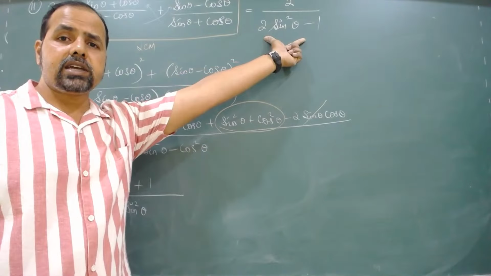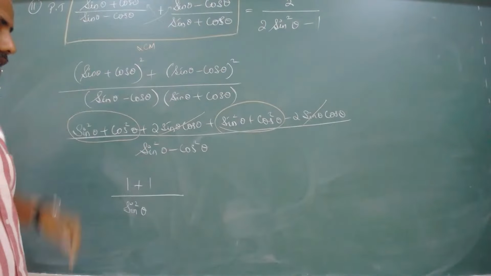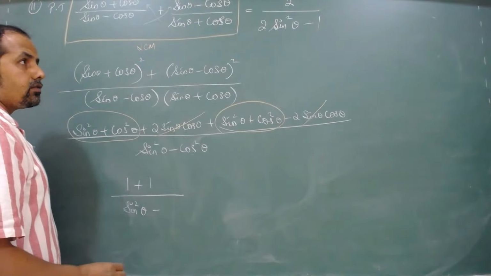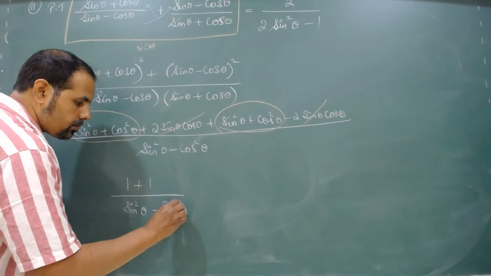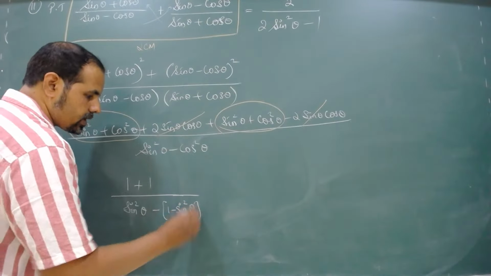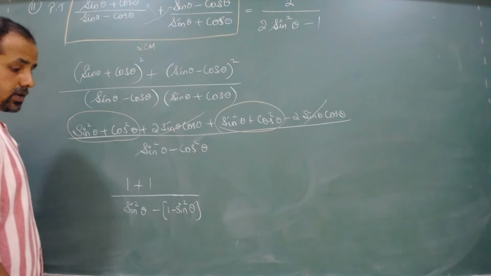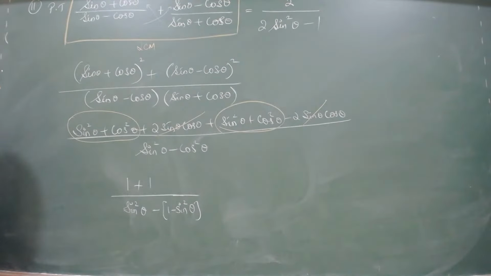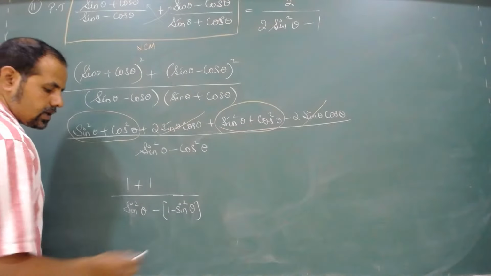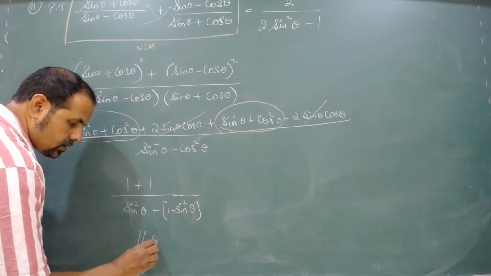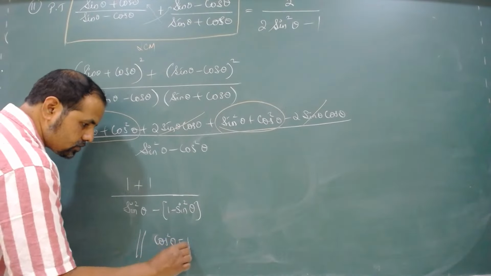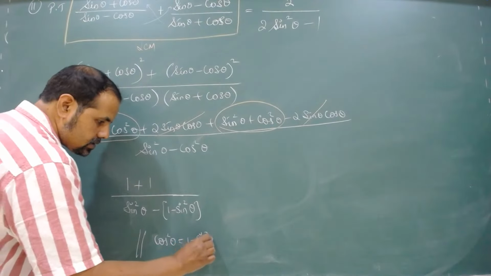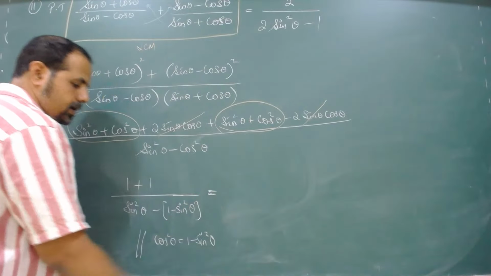Even the right hand side does not have any cos square, which indicates that I'm going to convert cos square as 1 minus sin square. Reason is, I'll show the reason here. Cos square theta can be written as 1 minus sin square. Okay, let me proceed with this.